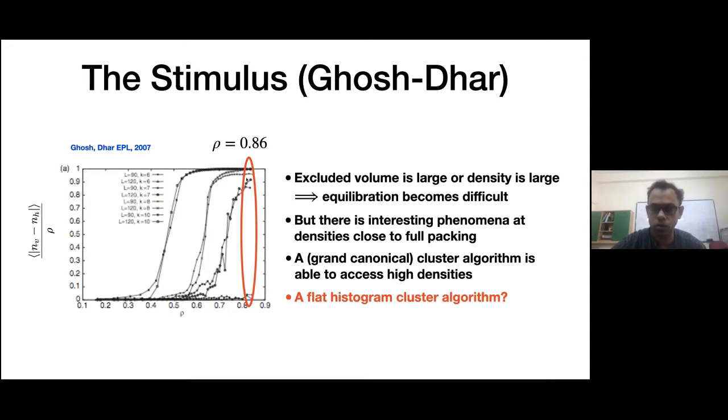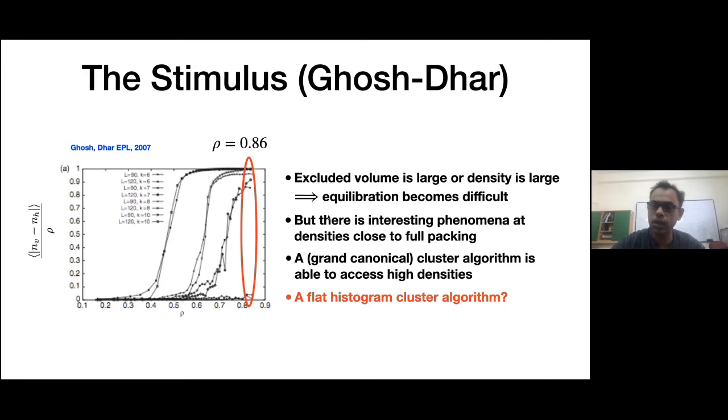But what can also be seen is that the simulations stop at density 0.86. This is because it becomes very difficult to equilibrate the system at high densities using evaporation and deposition moves of one rod at a time. This problem of equilibration is not restricted to rods alone.